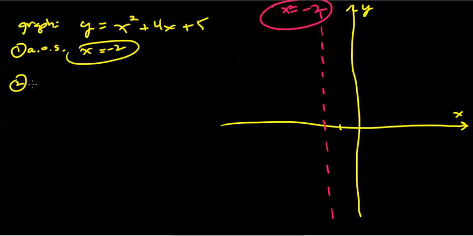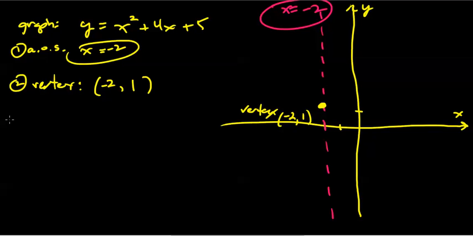Alright, step 2, find the vertex. Well, as we know, the vertex occurs on the axis of symmetry. Hence, the x-coordinate must be -2. What's the y-coordinate? Can we do this in our head? -2 squared is 4, plus 4 times -2 is -8, plus 5, that's going to be a +1. When x is -2, y is 1. Let me label that. Vertex is -2, 1.